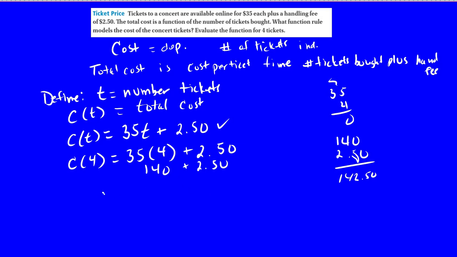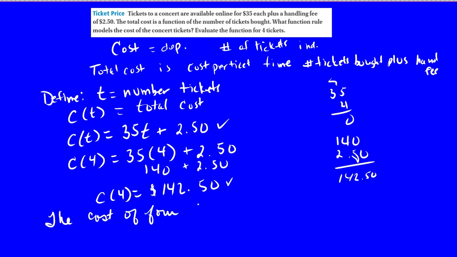So C of 4 equal $142.50. So after I do the math, I need to answer the question. The cost of 4 tickets is $142.50.